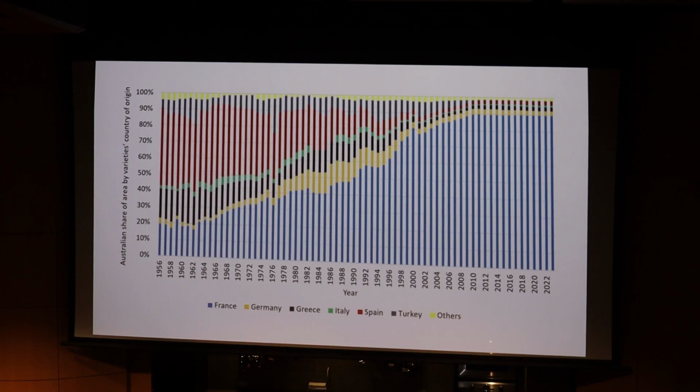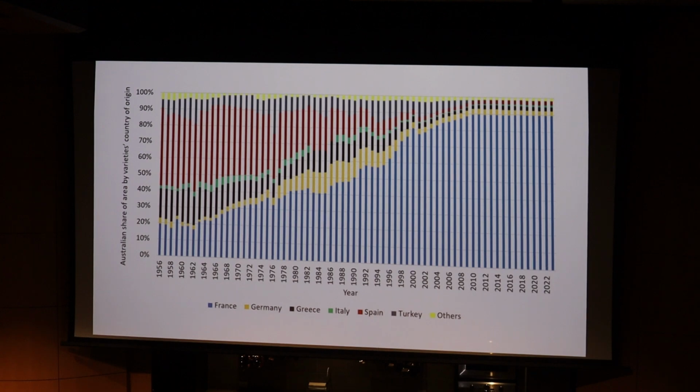This is an example for Australia. Here we can see the Australian share of area by the variety's country of origin. In the 1950s, early 60s, the share planted to Spanish varieties was more than 40%. And that was a time when the French share was less than the Greek share, less than 20%, with Turkey next at about 10%.